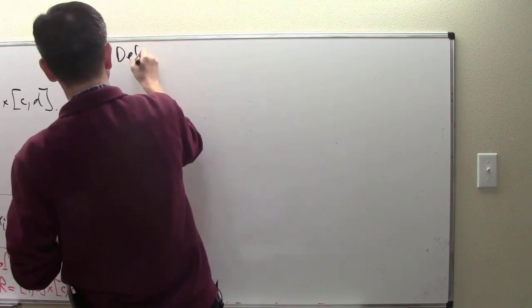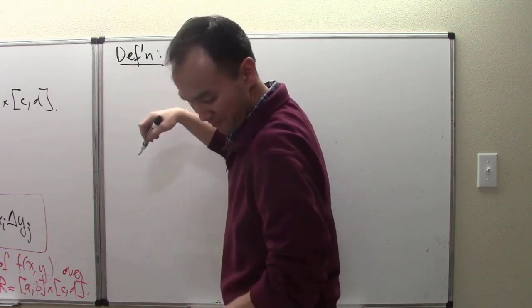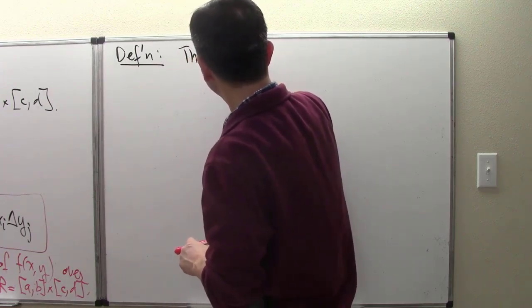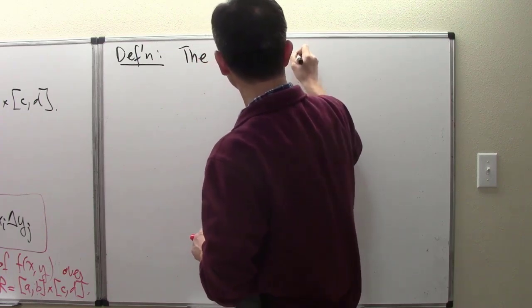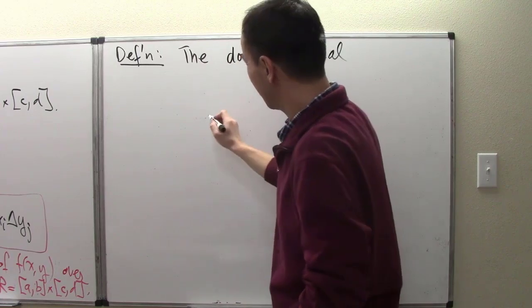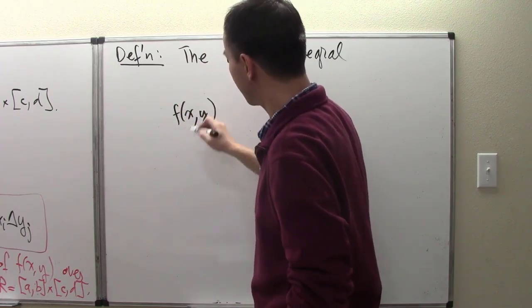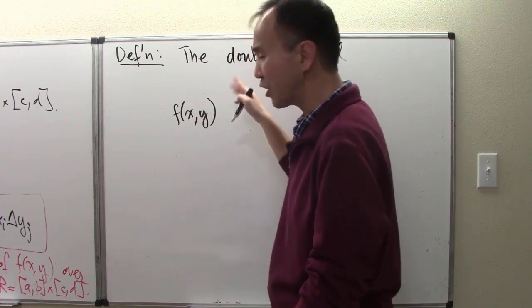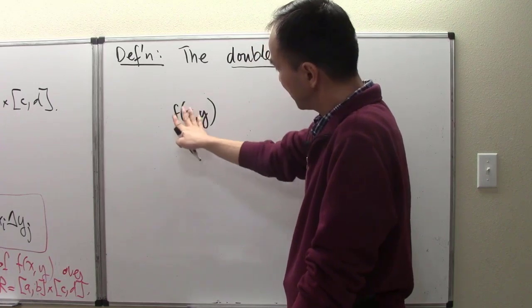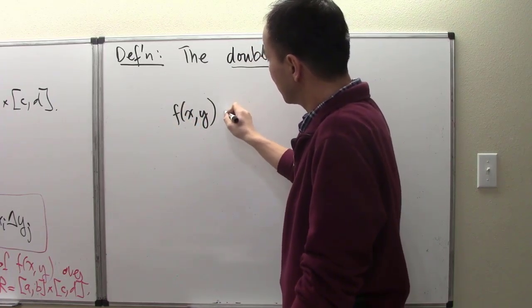So as far as the definition, the double integral, that's what we call it. But what is it? You have a function of two variables, and as I said earlier, a double integral is meant specifically for a function of two variables.